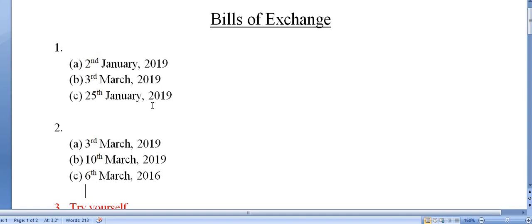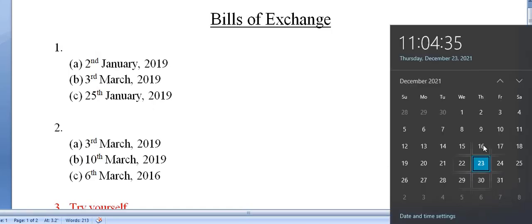Now after 30th September, let me just show you the calendar. The first month will be 30th October, second month, and third month, that is 30th.